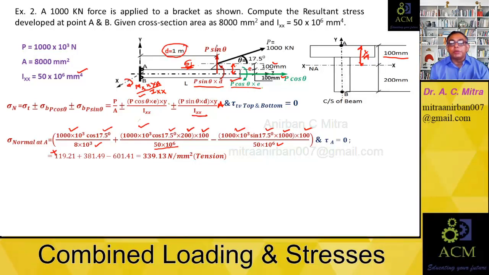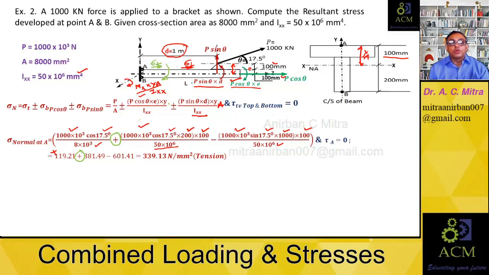Similarly, due to the P cos theta into E clockwise moment, at point A we are actually applying a pulling force on it. So the force is applied outward from A, which will create tensile stresses at point A. Tensile stress is again to be considered as a positive one.